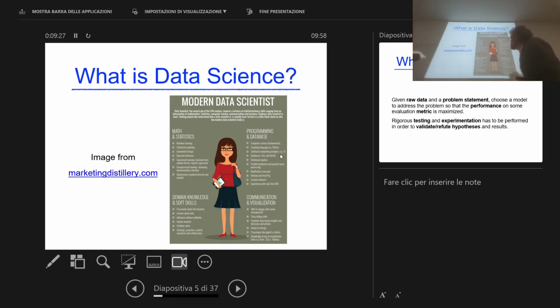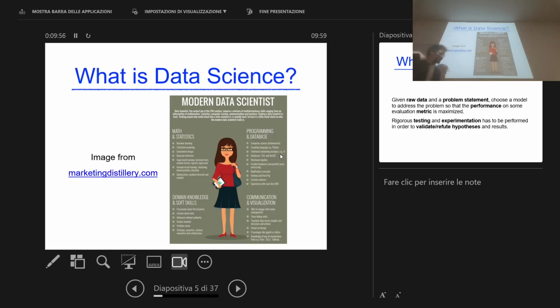So, what are the skills that an ideal data scientist should have? Well, I have bad news for you. It is not so easy to become a data scientist. Because ideally, you need to have many skills. You need for sure to have skills in math and statistics. And this is most of the time the most difficult thing to have.